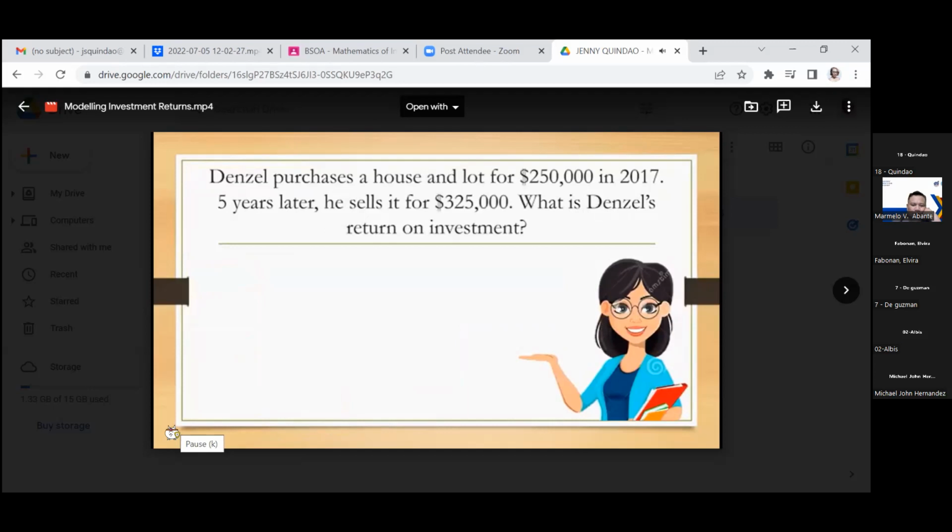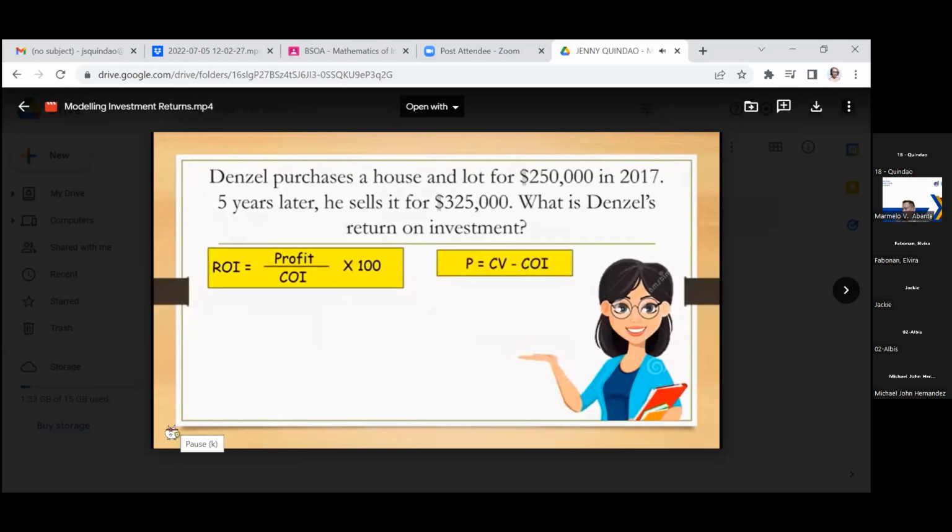Another example: Denzel purchases a house and lot for $250,000 in 2017. Five years later, he sells it for $325,000. What is Denzel's return on investment? Return on investment equals profit divided by cost of investment multiplied by 100, where profit is equal to current value minus cost of investment.